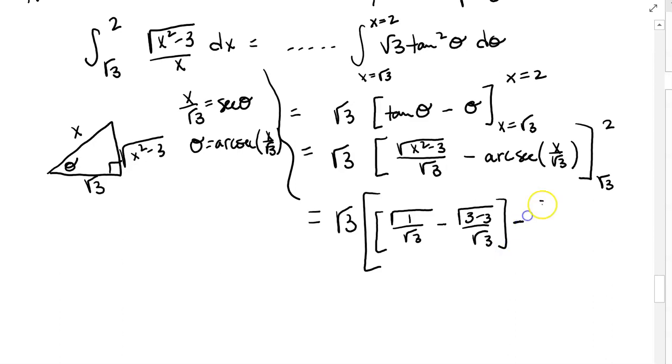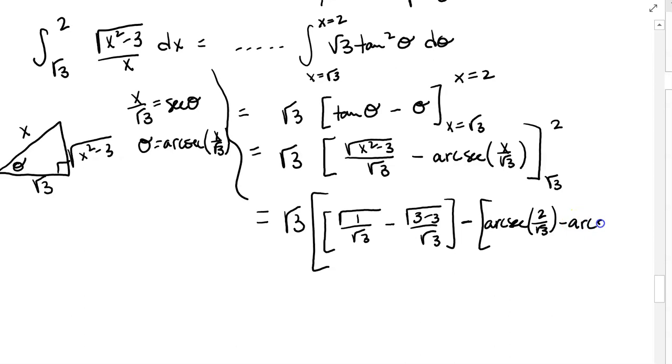And then the second part, we will have arcsecant of 2 over the square root of 3 minus the arcsecant of square root of 3 over square root of 3, which is 1. So I have square root of 3 times 1 over the square root of 3 minus 0 minus the arcsecant of 2 over the square root of 3.